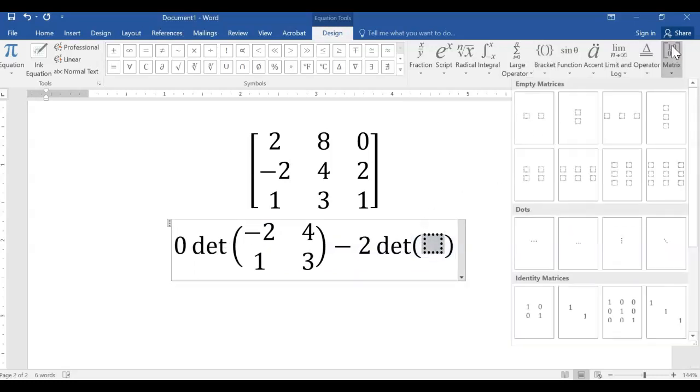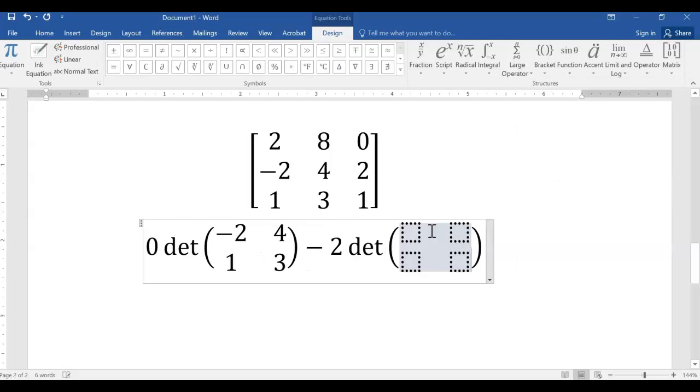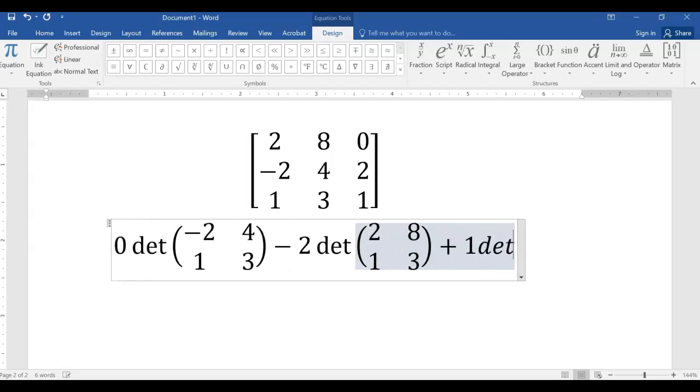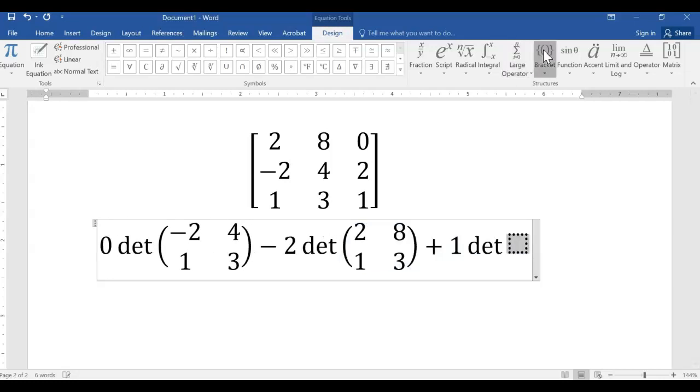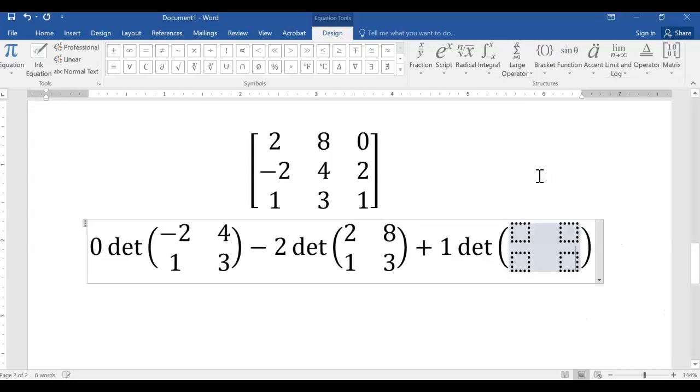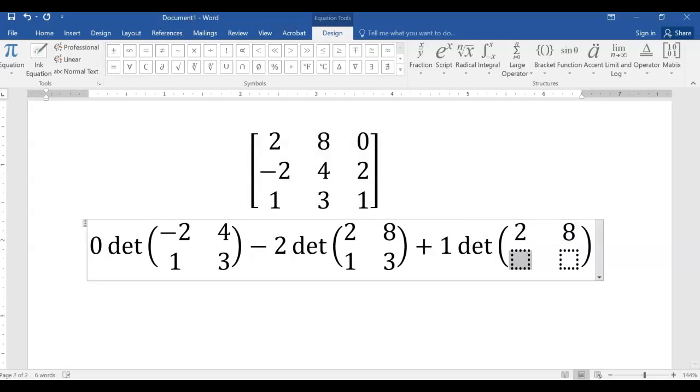I'm being quick about this, but it's 2, 8, 1, 3. Plus 1 times the determinant of this submatrix. What's this submatrix going to be? Well, it's going to be 2, 8, negative 2, 4.